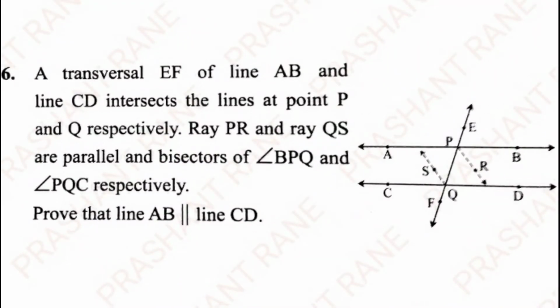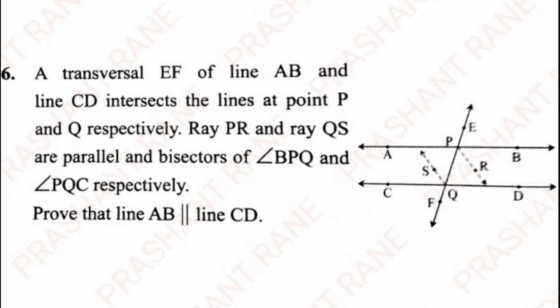Question number 6. A transversal EF of line AB and line CD intersects the lines at points P and Q respectively. Ray PR and ray QS are parallel and are bisectors of angle BPQ and angle PQC respectively.